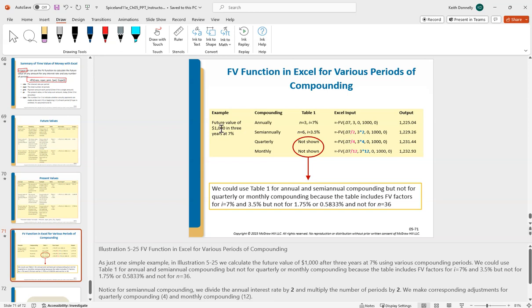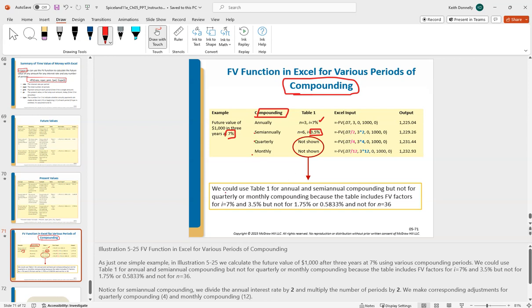They then talk about some of that conversion for the N and the I whenever you have compounding periods, right? So if it's 7% annually, it would be 7%, but if it was semi-annual, it would be 3.5%. We've got to divide it by 2. Quarterly, monthly, you do a similar thing.